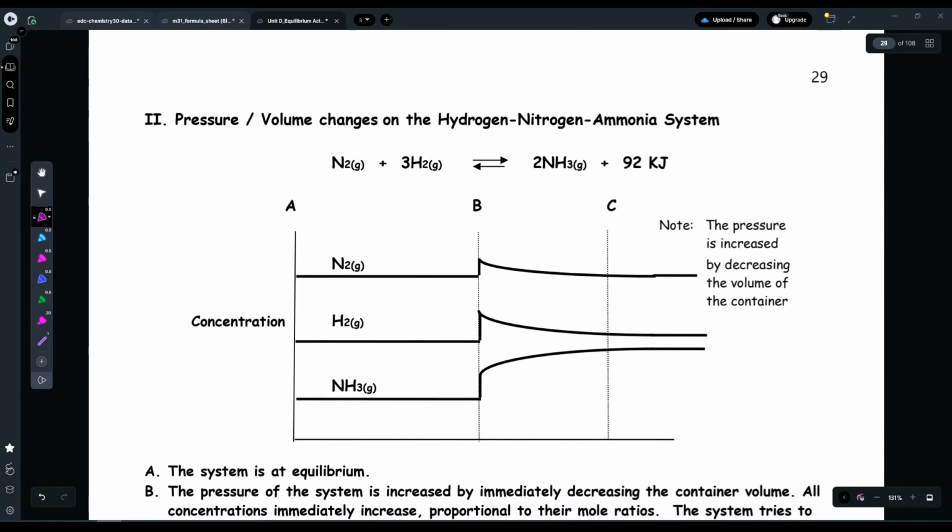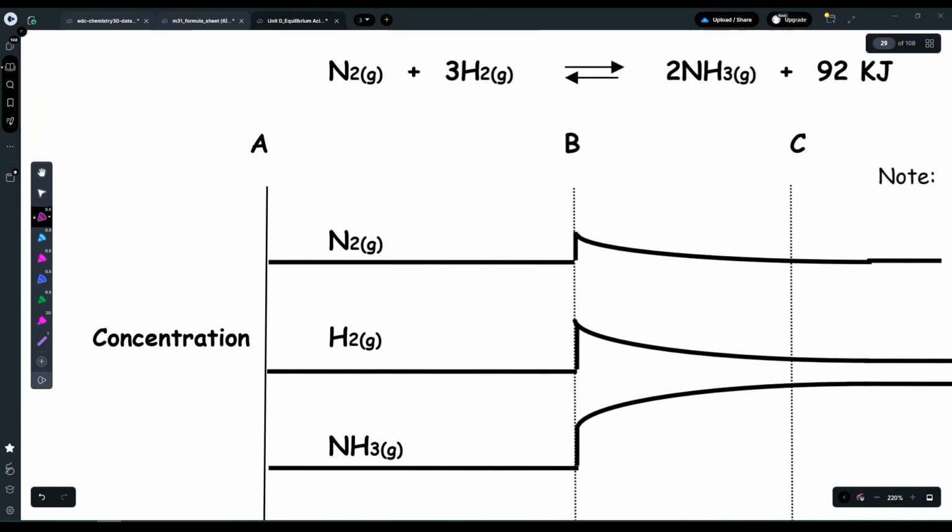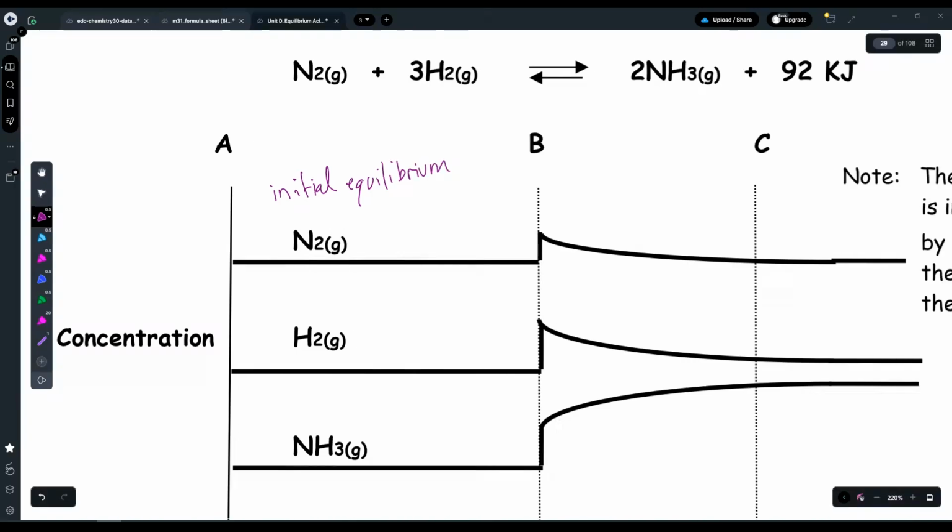All right, so if we look at this graph of this system at equilibrium where a stress is being applied, we start out with our initial equilibrium here, in between points A and B. B is where a stress is applied.